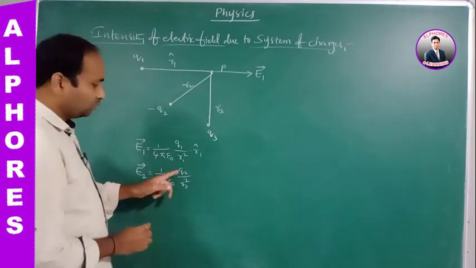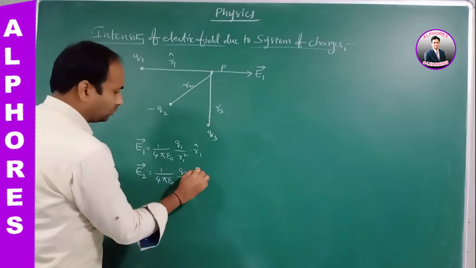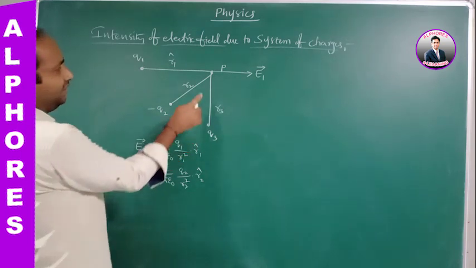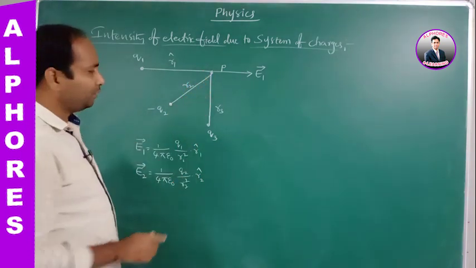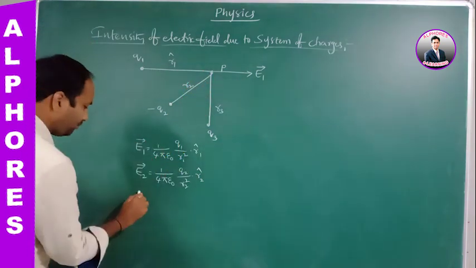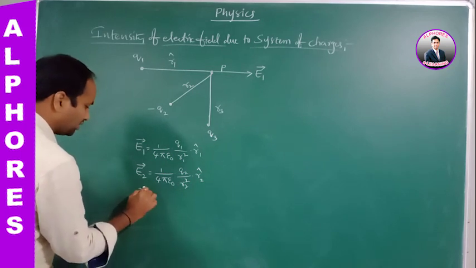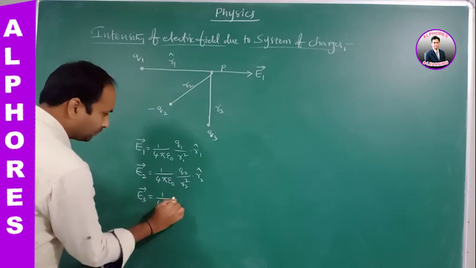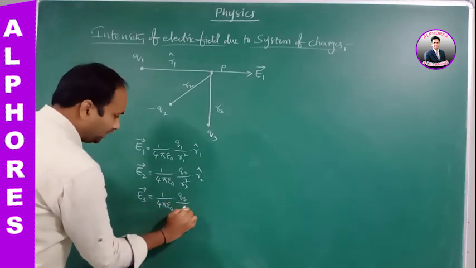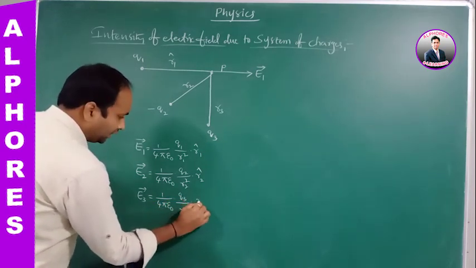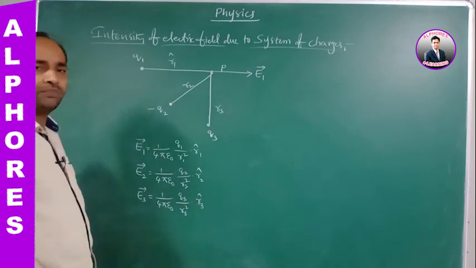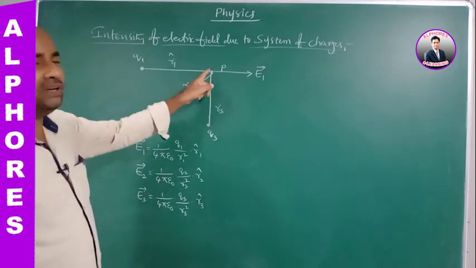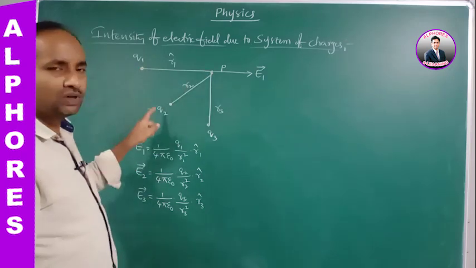Similarly, find the intensity of electric field at the point P by the third charge q3. E3 bar is equal to 1 by 4 pi epsilon naught, q3 by r3 square, into r3 cap. So these are the intensities of electric field at the point P by the charges q1, minus q2, plus q3.